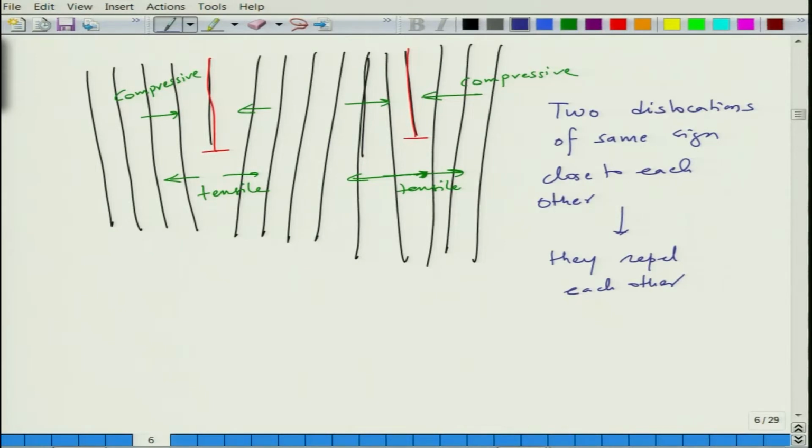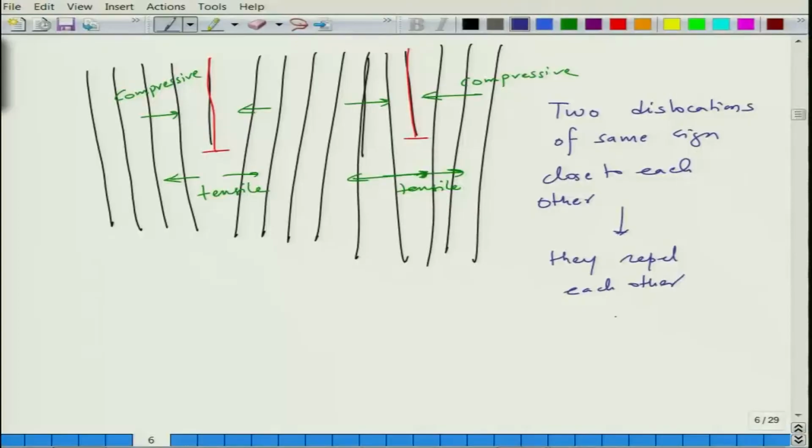So, you have compressive, tensile. When you want to put them together, they do not go close to each other because they start repelling each other because of similar stress fields. As a result, this leads to an increase in the stress required to cause deformation.